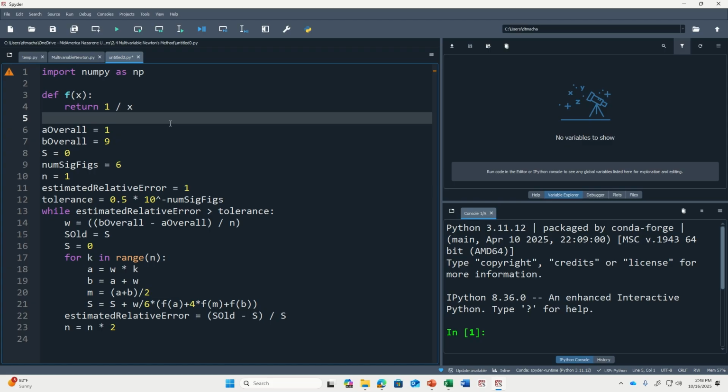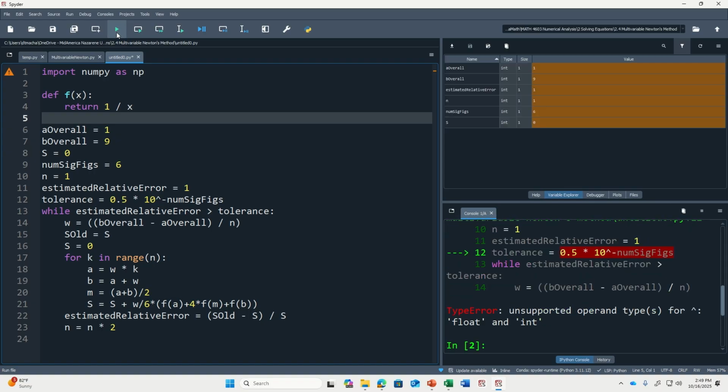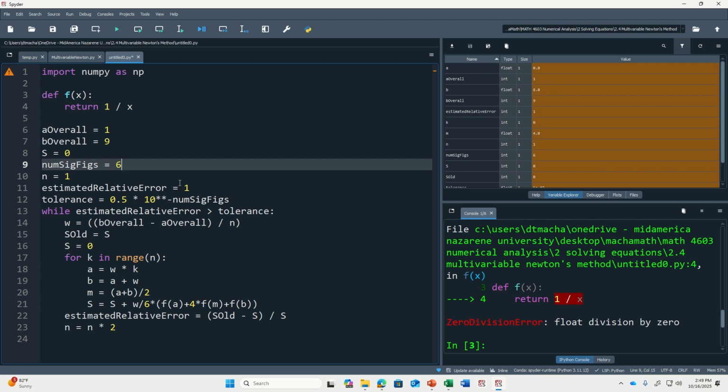So maybe that's good enough. We'll see if it works. Okay, so I forgot how to do exponents in Python. You got to do 2 asterisks when you want an exponent. Try that again. Division by 0. Of course, because 1 over x is going to be 0.